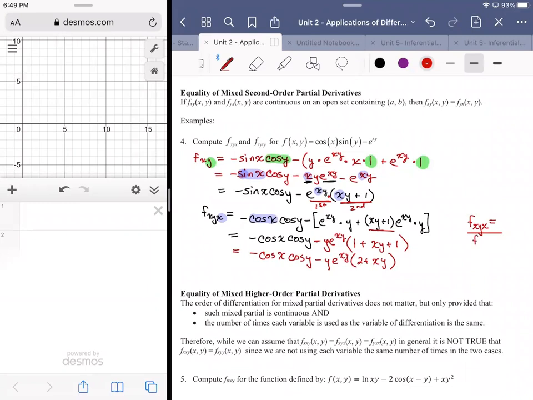So f sub x, x, y, f sub y, x, x. And I think that's it, because everything else would be just transposing x's. So it's really the combination, not so much the permutations.